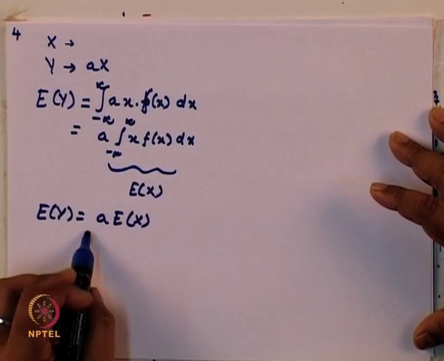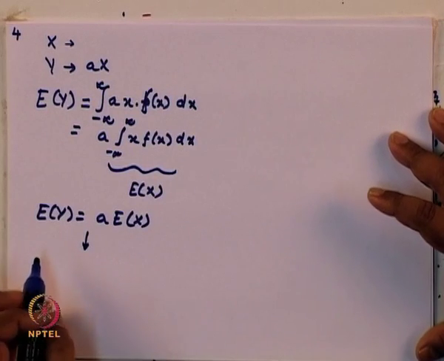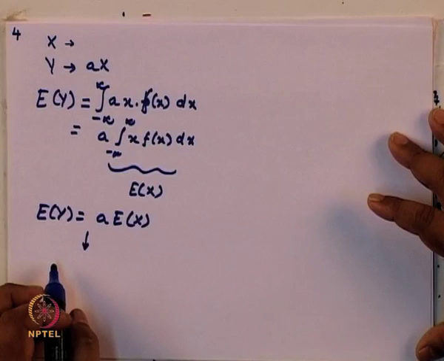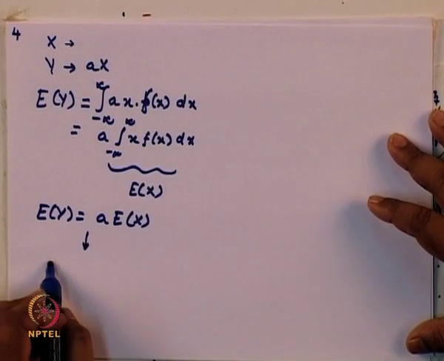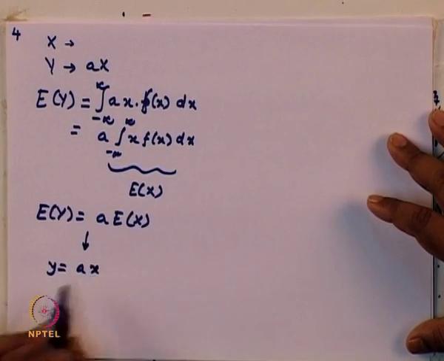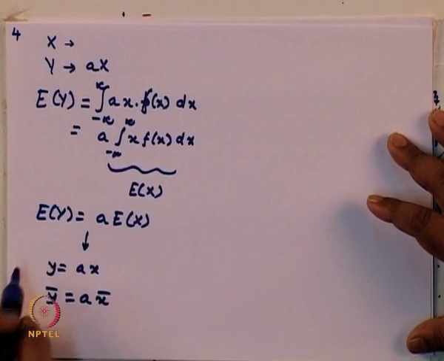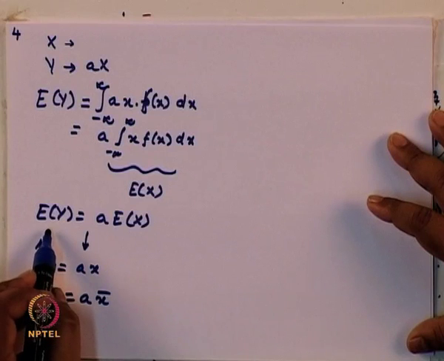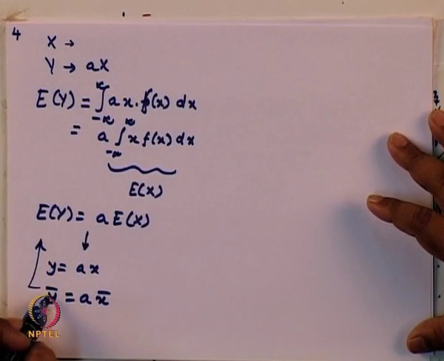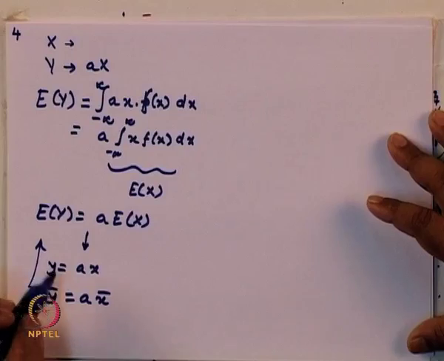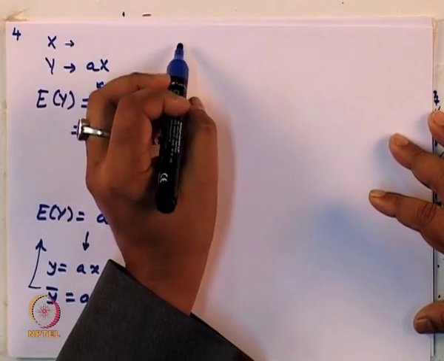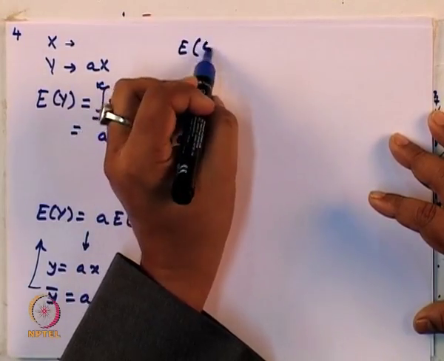So, this is similar. You remember from long back we had done this basic transformation. If you define y is equal to a x, then y bar is equal to a x bar, and this is the exact same equation, because expectation of y is simply y bar. So, we can use the similarity concept and ask what is E of a constant c?